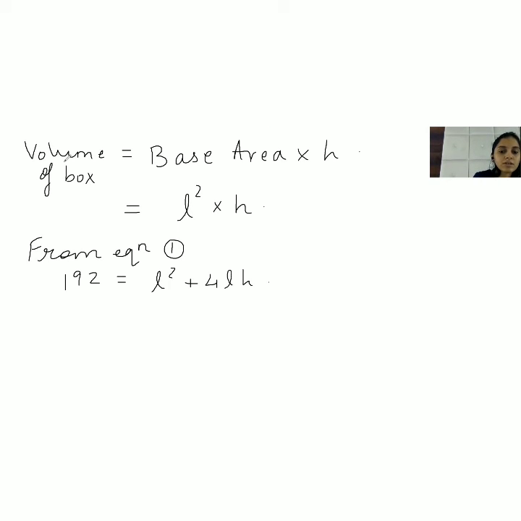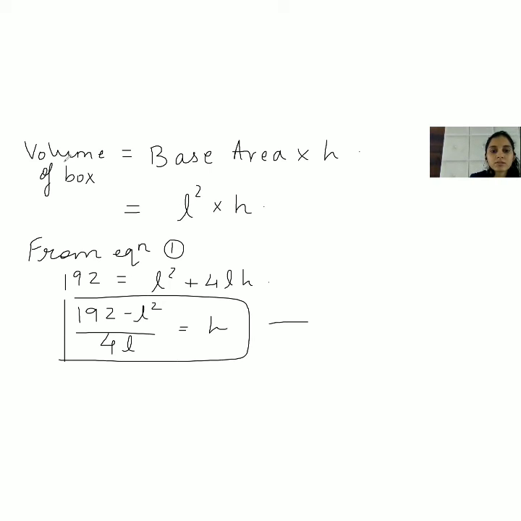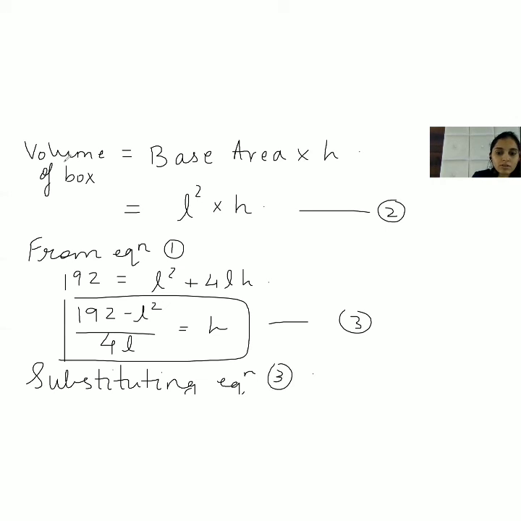So can I find out H now? It will be 192 minus L square upon 4L equal to H. This I'm putting as equation 2 here and equation 3 here. And I'll say substituting equation 3 in equation 2.